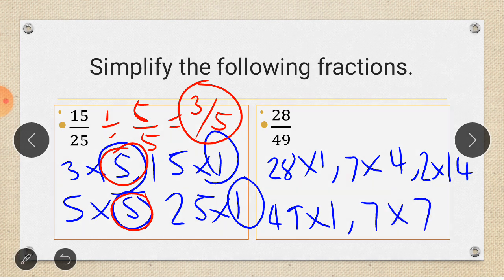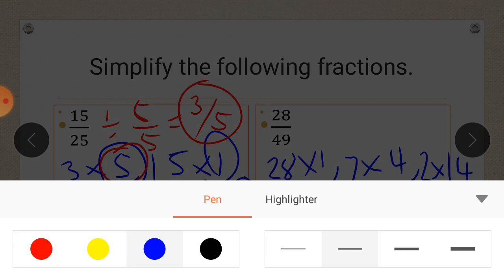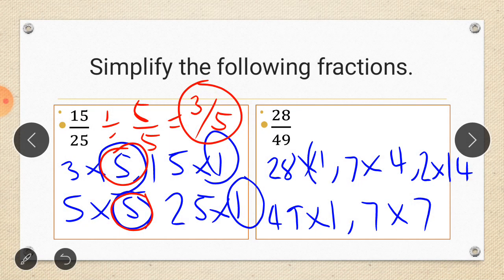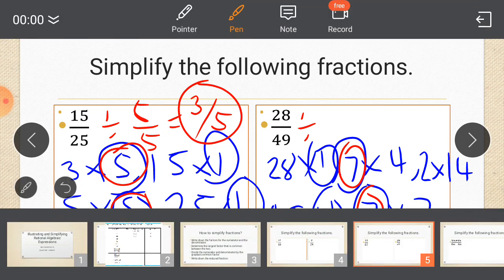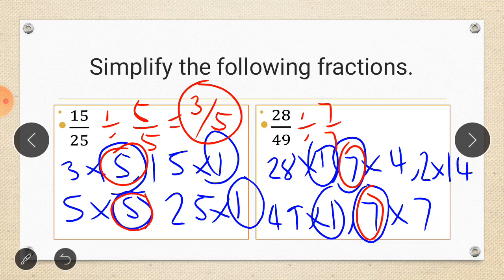The common factors are 1 and 7. Therefore, the GCF is 7. Let's divide both by 7. 28 divided by 7 gives you 4, 49 divided by 7 gives you 7. So the simplest form of 28/49 is 4/7.